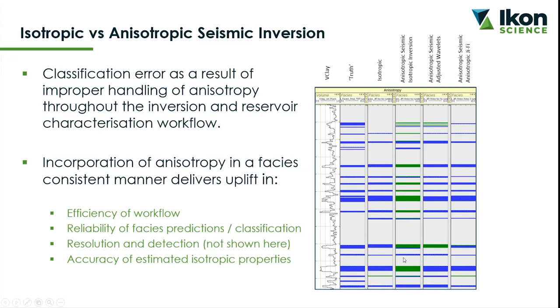But what we see is that there is significant misclassification because of the overshoot in the elastic properties, because of the imbalance between the scalars in the isotropic model assumption. Now, after adjusting the wavelets, which would be the equivalent to estimating wavelets from a data set that has anisotropy, but using isotropic reflectivities calculated from the elastic logs, we get a significantly better result, but there is still some misclassification.